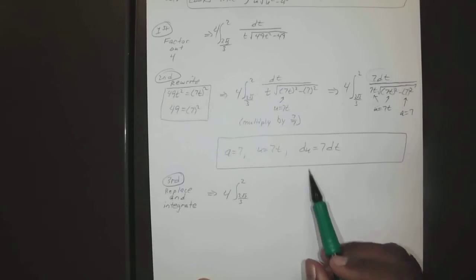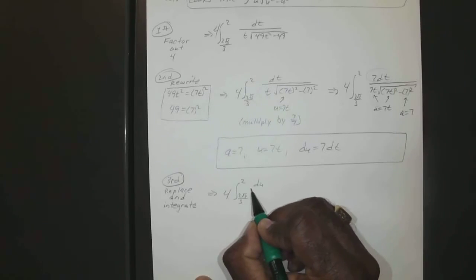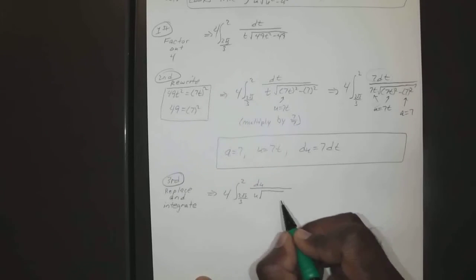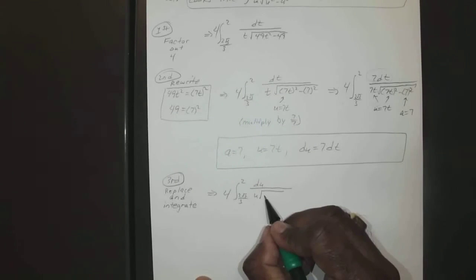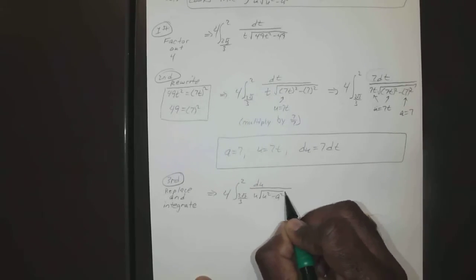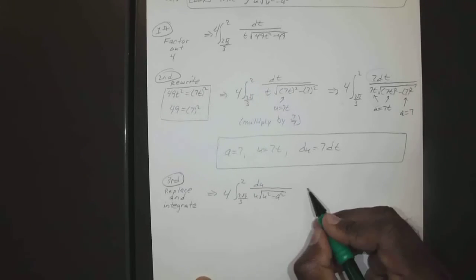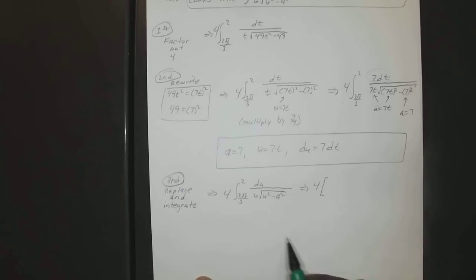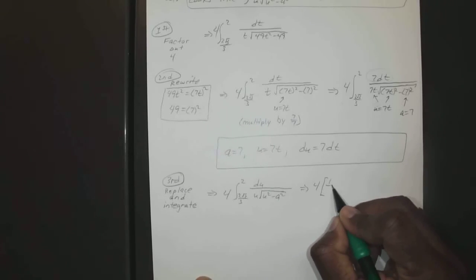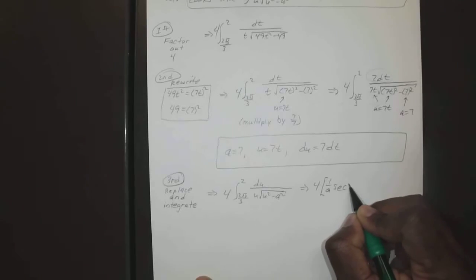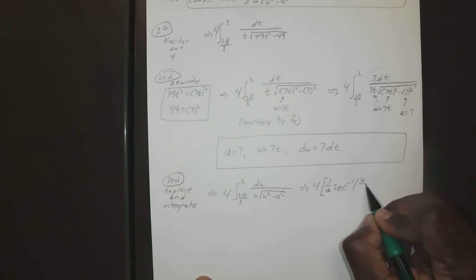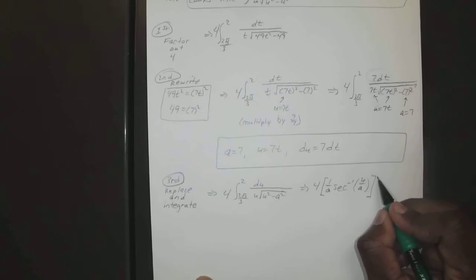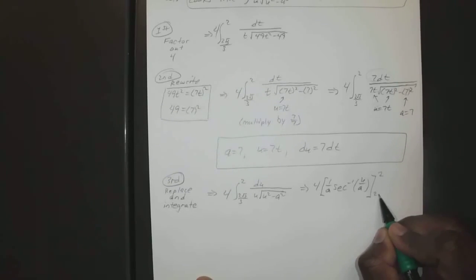Our 7 dt is our du over u times the square root of u squared minus a squared. And that's going to give us 4 times 1 over a times secant inverse of u over a. And we don't need the plus c because we're going for a definite integral.